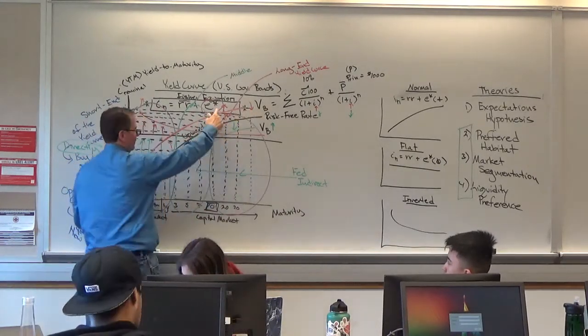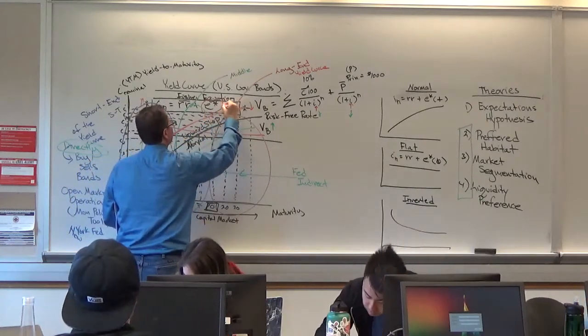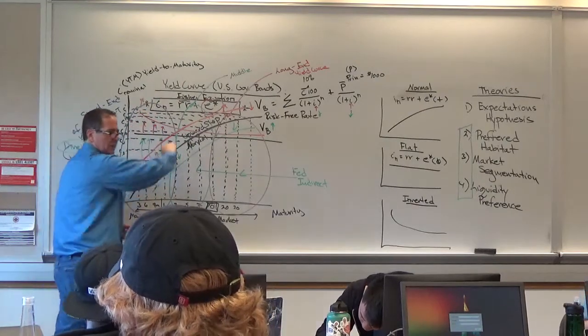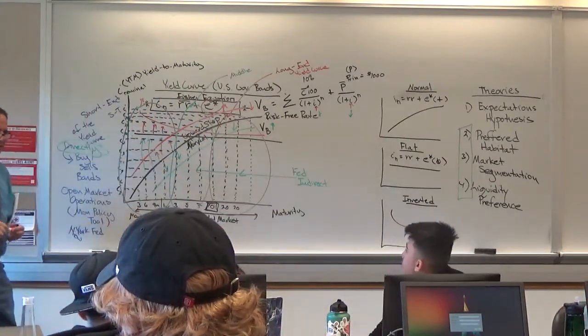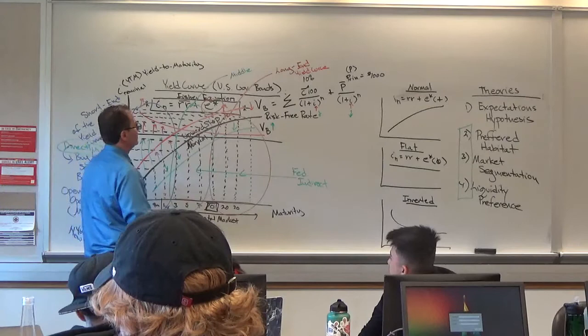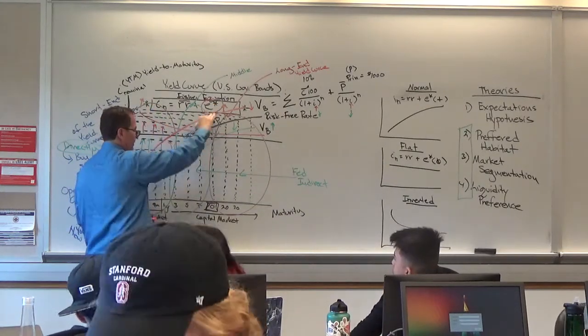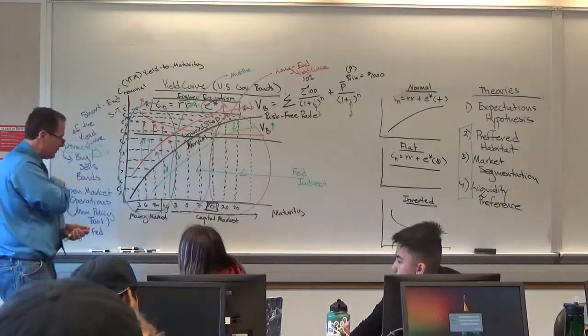So let's say that inflation expectations go up. That drives interest rates up across the yield curve. If inflation expectations go up, then nominal interest rates go up, and the yield curve shifts up.